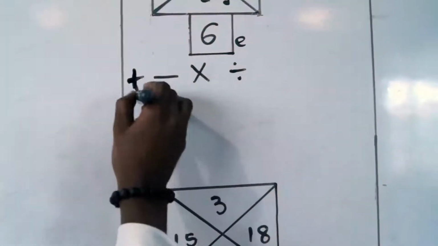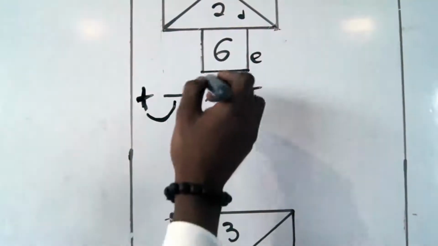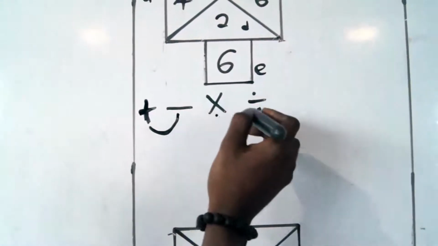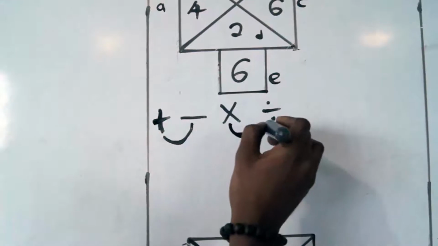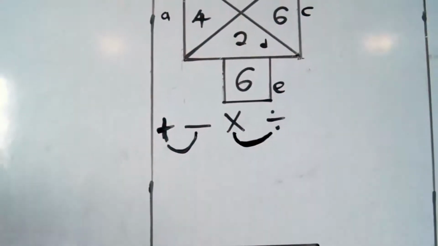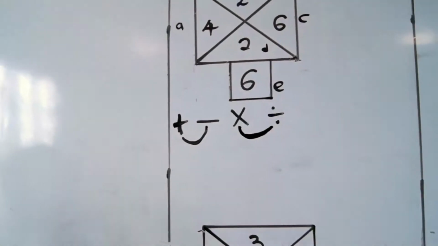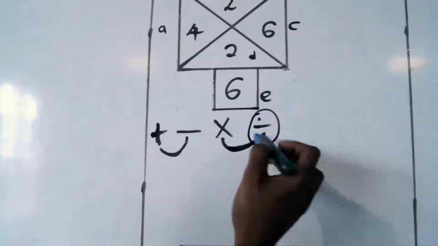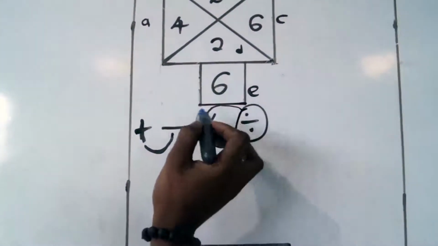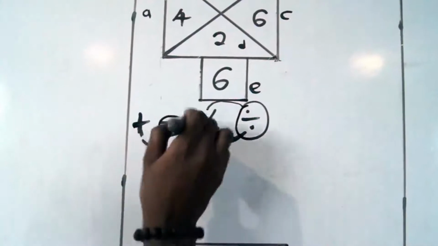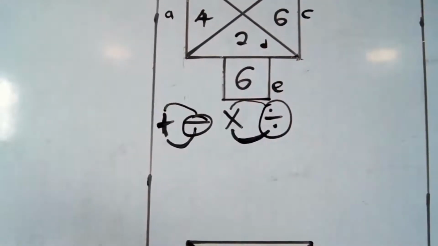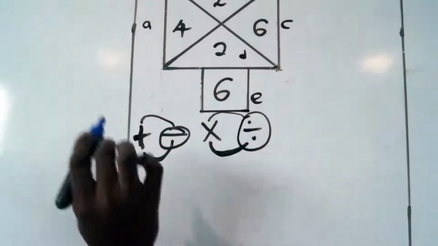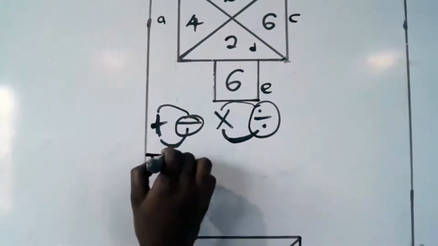So addition and subtraction usually work hand in hand. The reverse part of multiplication is what? Division. Can I hear you shout it out? It's division. So if I'm working with division, that means the opposite will be what? Multiplication. And if I'm working with subtraction, the opposite will be what? Addition.